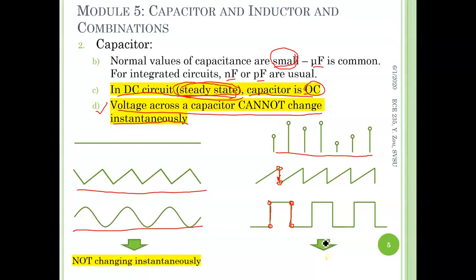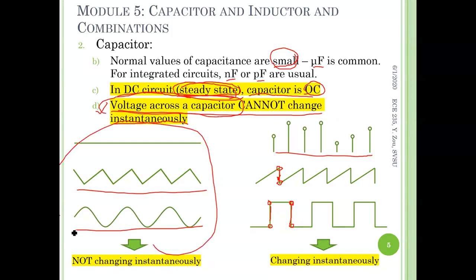Okay, so not changing instantaneously versus changing instantaneously. In this way we can visualize the signal waveform. And back to here again, the point is the voltage across a capacitor could only look like these. It is absolutely not possible to be like these.